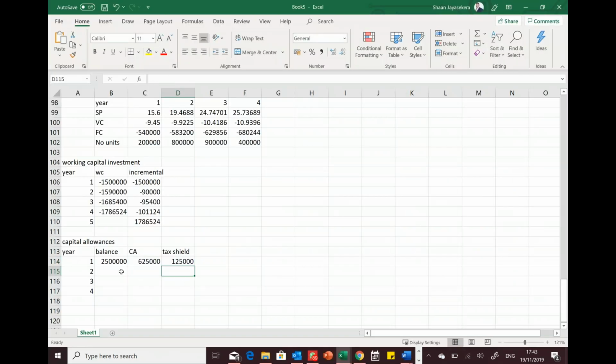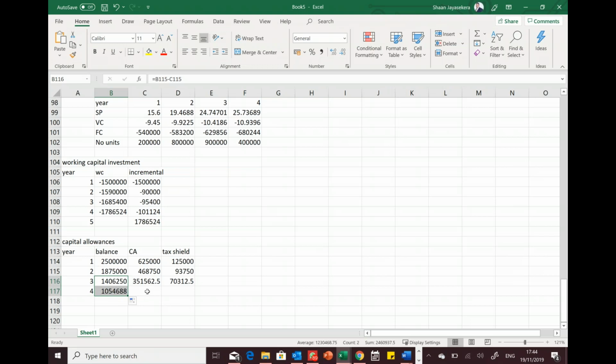Okay. So then my balance in this period, since it's reducing balance, will be this minus the capital allowance. On that, I will get a tax shield. I can just keep dragging this because it's the same figure that applies here also. Now if there was no scrap value, I would get this entire thing as a capital allowance in the next period as well.